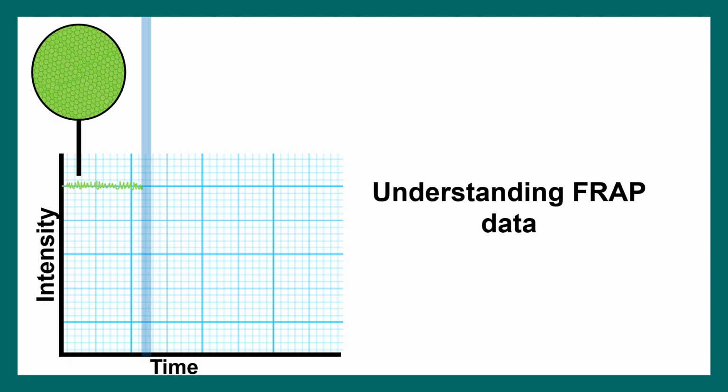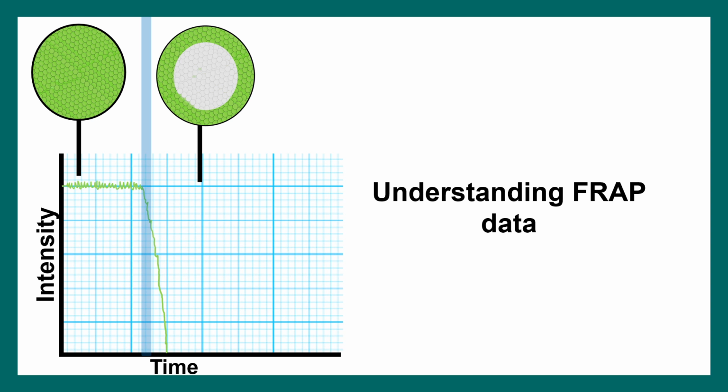What is meant by photobleaching? The fluorescence intensity at that particular region goes dramatically down. In the graph you can see the intensity, on the y-axis, has gone down quickly and sharply. This is also visualized in this cartoon.